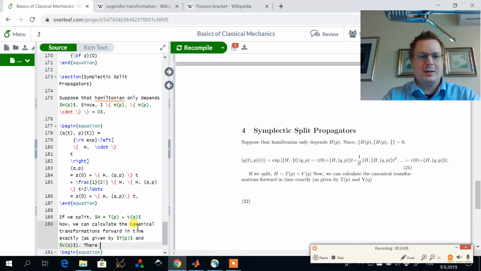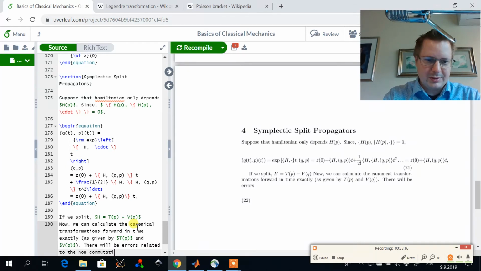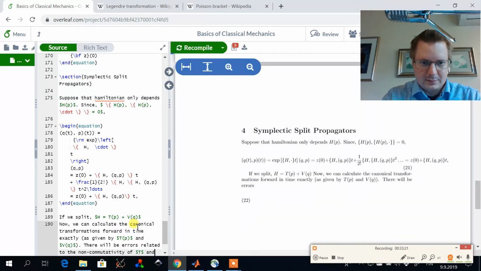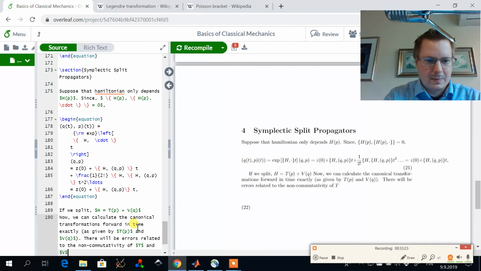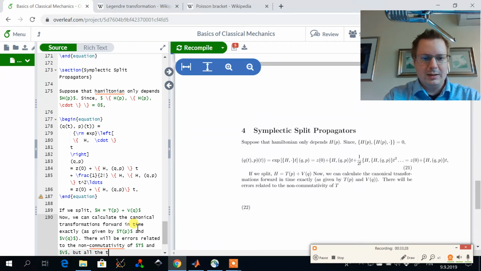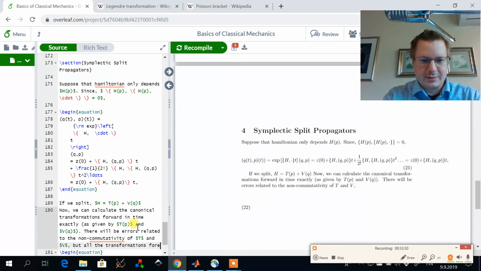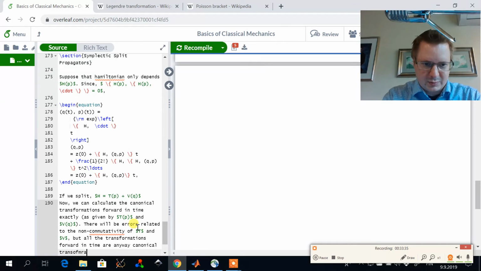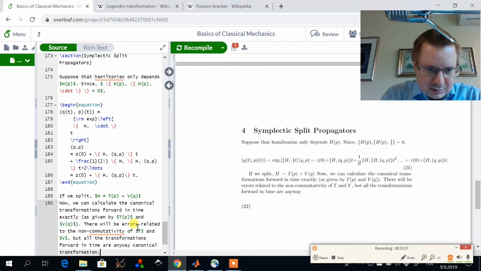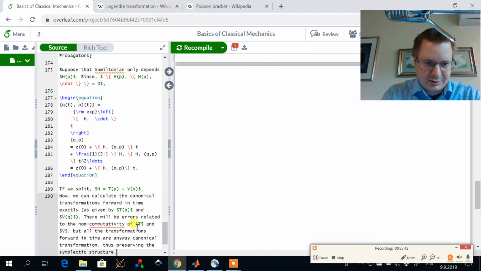Then there will be errors related to the non-commutativity of T and V, but all the transformations forward in time are anyway canonical transformations, thus preserving the symplectic structure.